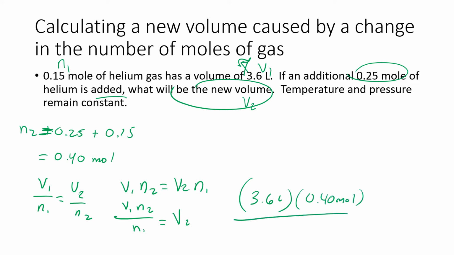My N1 is 0.15 moles. I'm running out of space, obviously, so I have to do the actual math somewhere else. Alrighty, so my V2 equals 9.6 liters. And box it in.